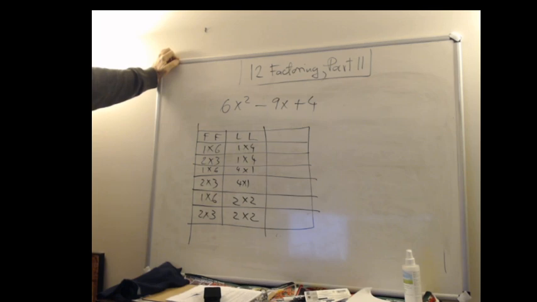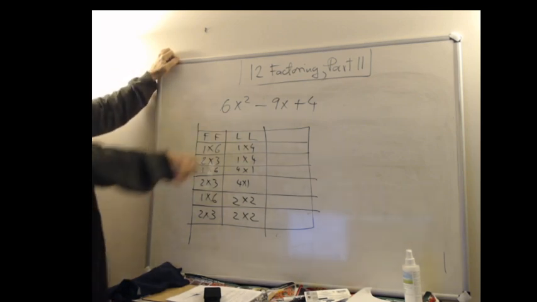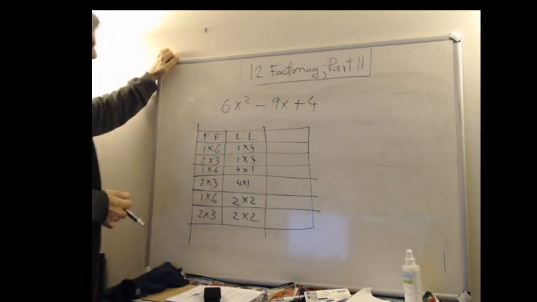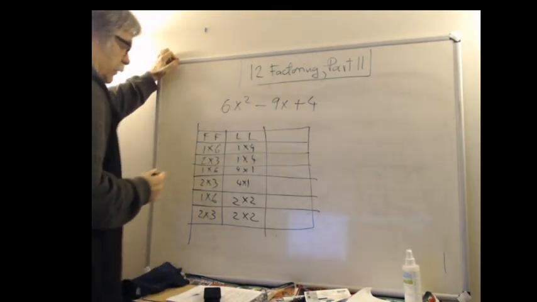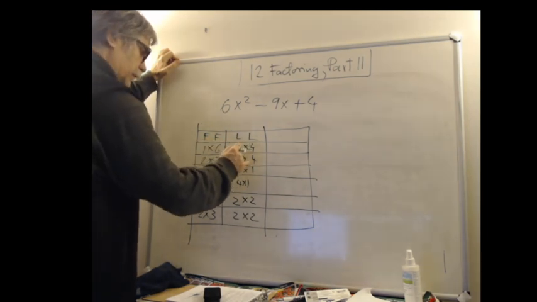What am I talking about? I need to have something negative, right? Because obviously it's okay to get positive here, but I need to get negative here. So both of these are going to be negative.